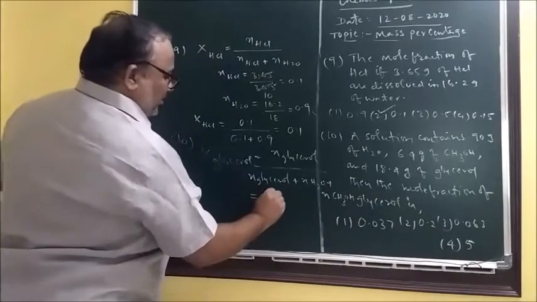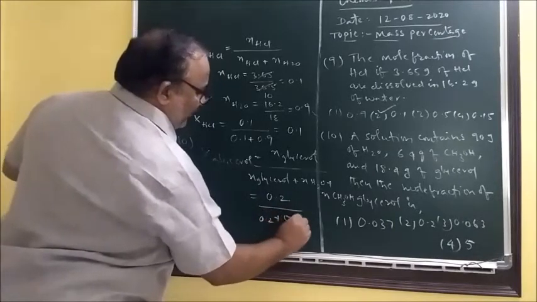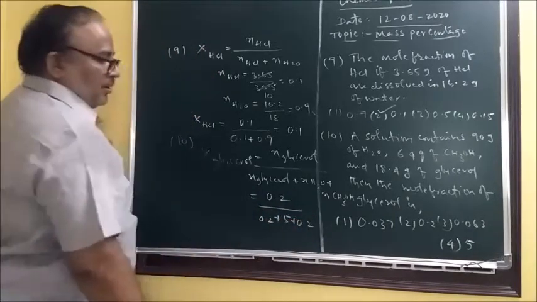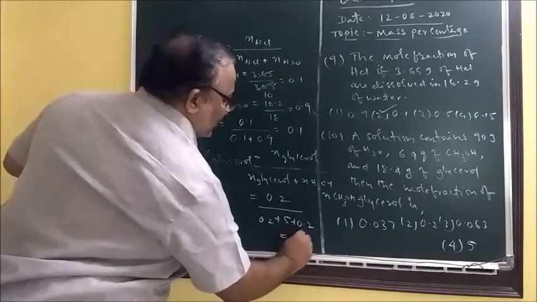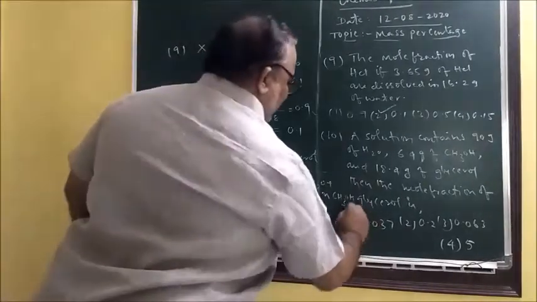So this value 0.2 by 0.2 plus 5 plus 0.2. So on solving you will get 0.037. First option is correct one.